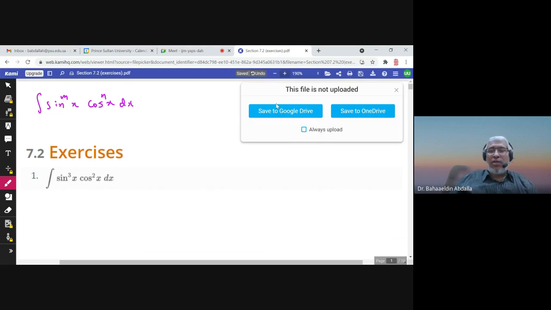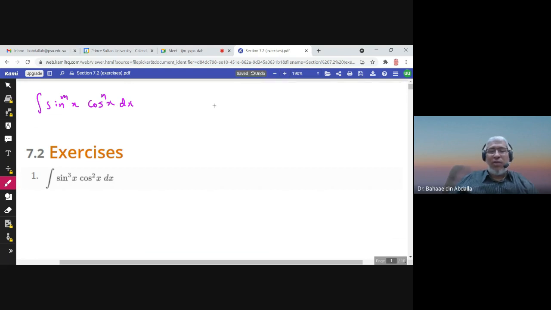And we can deal with this integral because of the important relation between sine square and cosine square. Sine square x plus cosine square x is always 1.